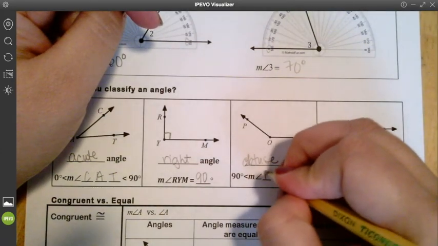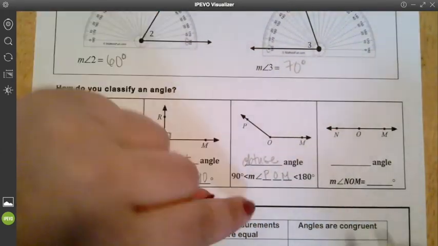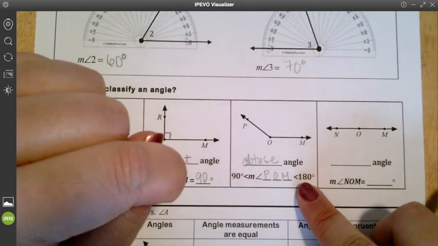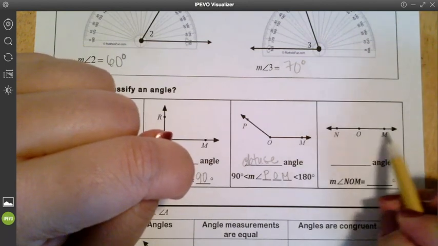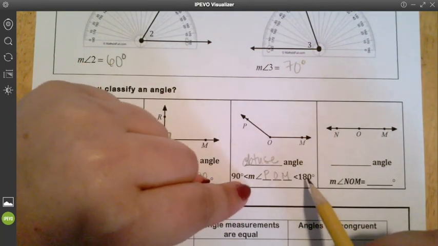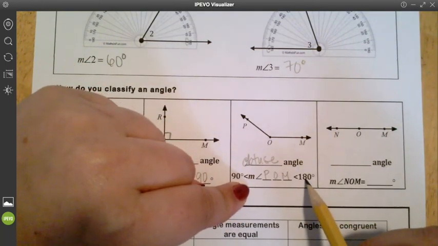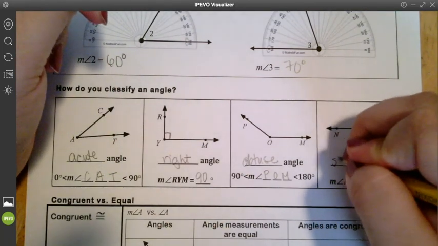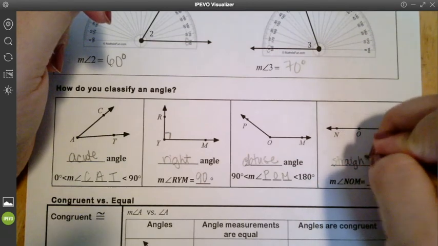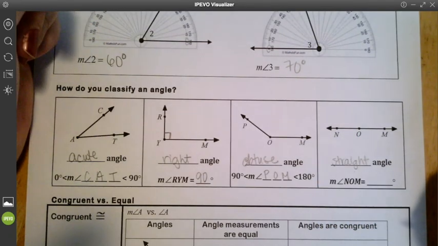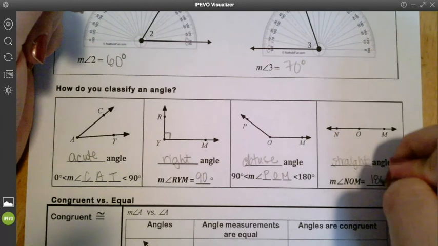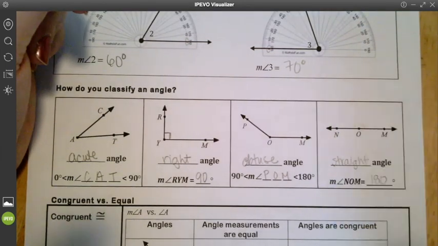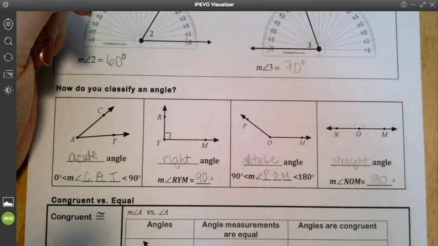So the measurement of angle POM is between 90 and 180, and 180 is half of a circle, so that's a flat line. So we're going to define that in a second. And so those are the numbers that define an obtuse angle. And so finally we have our straight angle, which makes a straight line, and a straight line has 180 degree measurement. So from one ray around to the other ray is 180 degrees, and that's half of the circle.